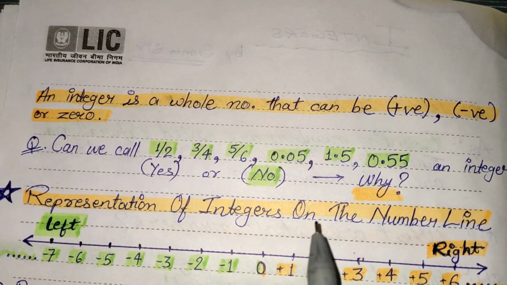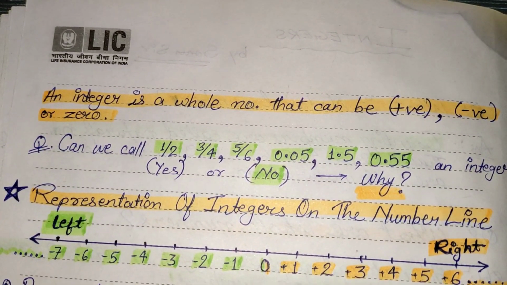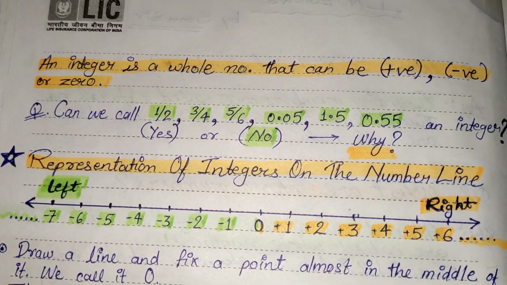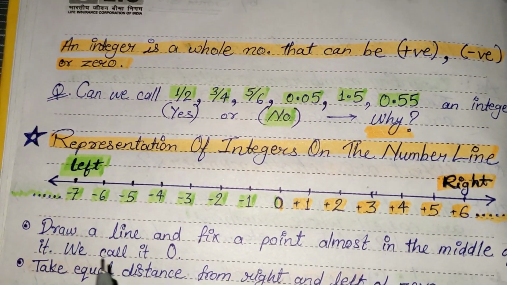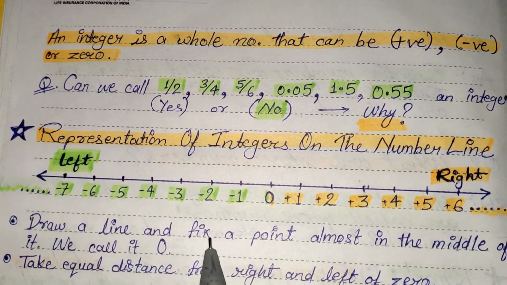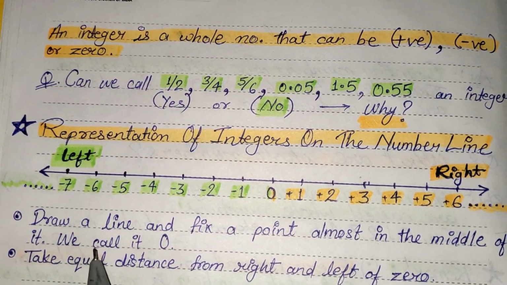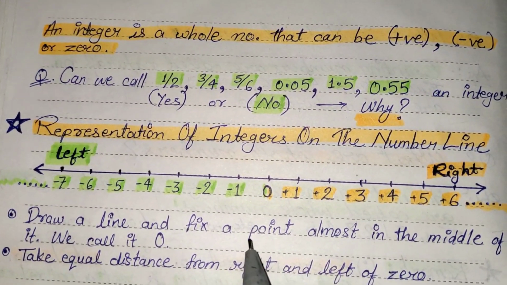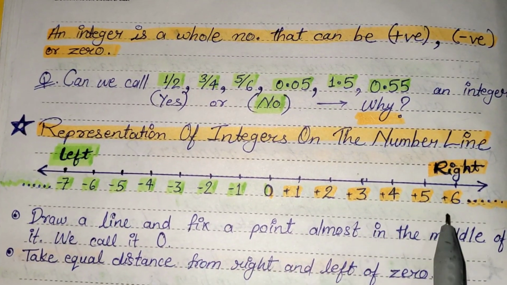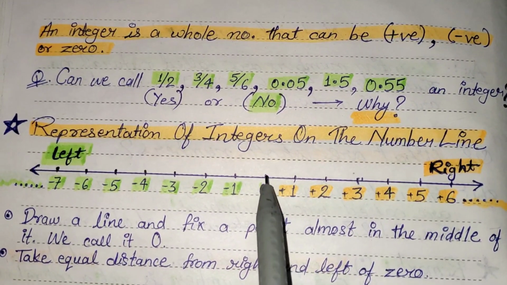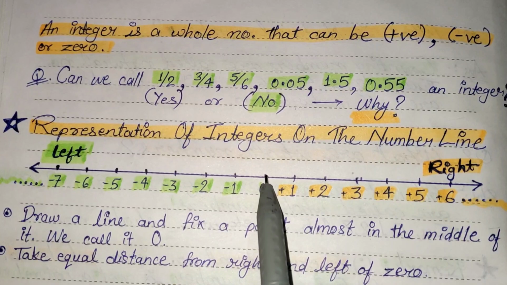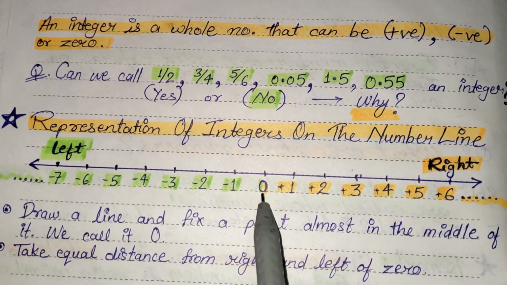Now, representation of integers on the number line. How do we present integers on a number line? First, draw a line and fix a point almost in the middle of it. We call it 0.